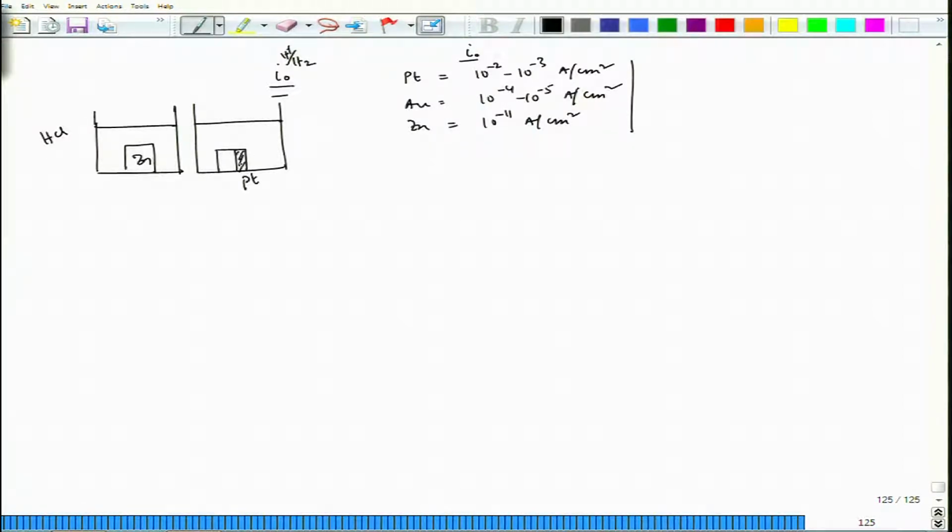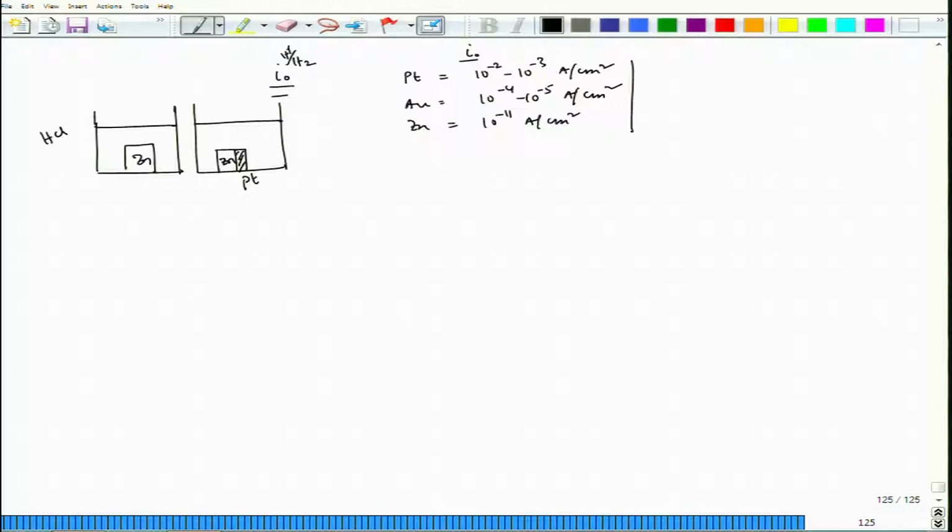This is platinum plate and this is zinc. Now, we would see that in this case we would have a very high rate of corrosion of zinc. Why? This can be explained by using mixed potential theory.